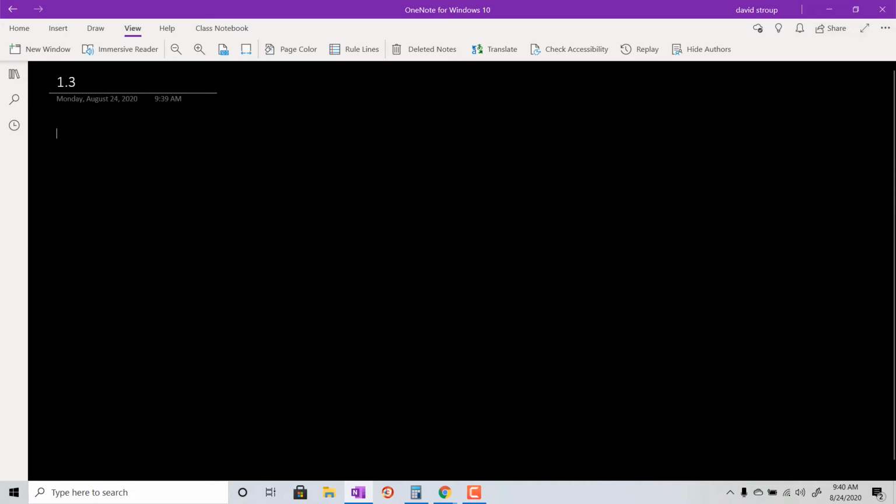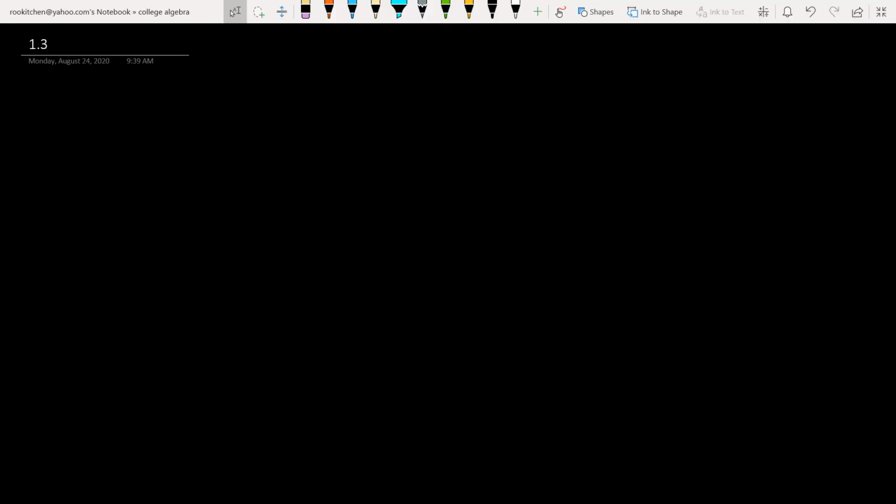So we're going to be taking a closer look at graphs and picking out some characteristics which we will need to identify. So let's take a look. So 1.3, this is basically just more on the graphs of functions.